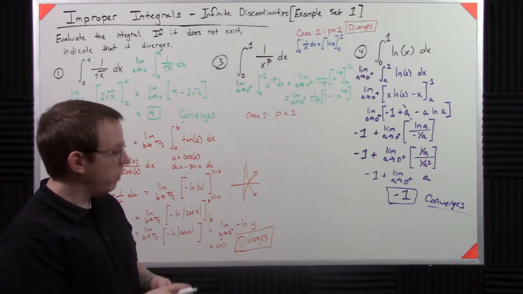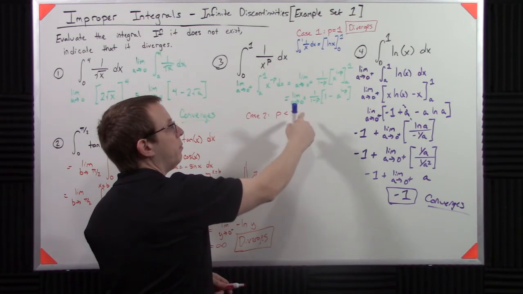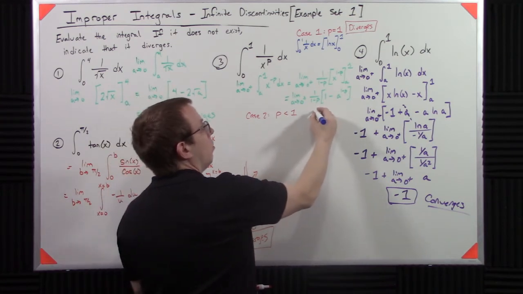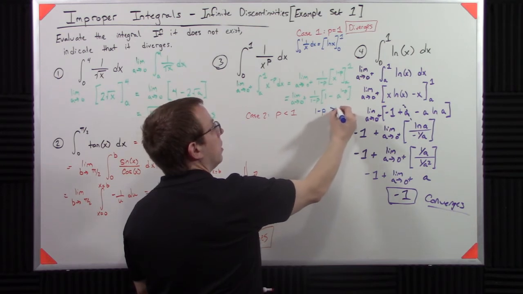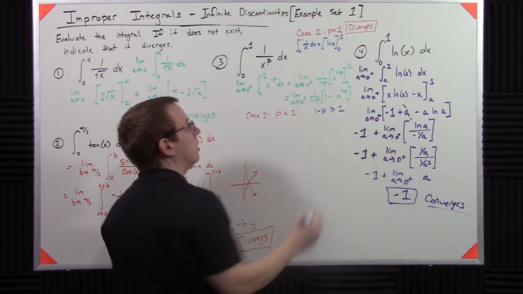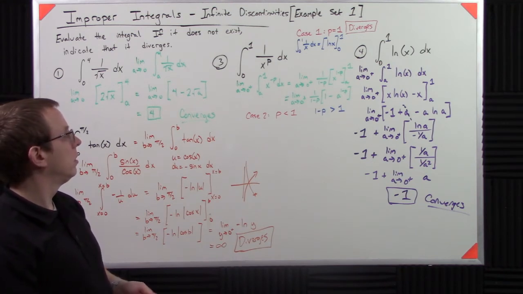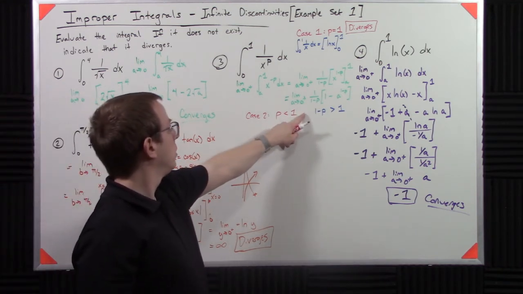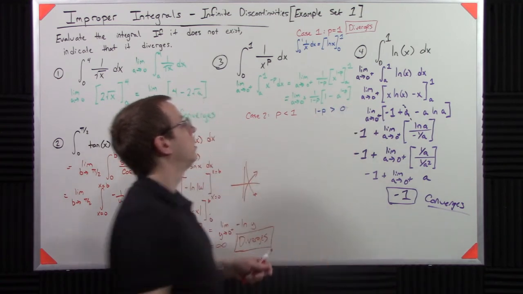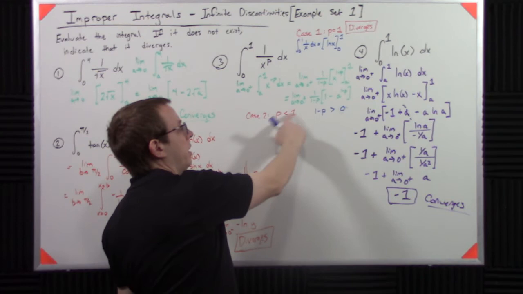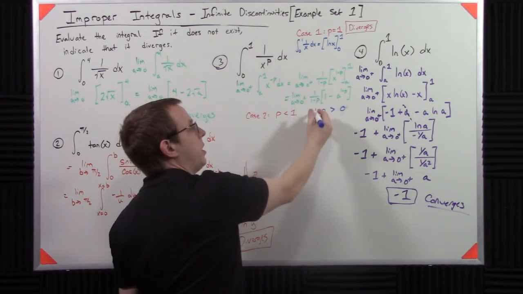If p is less than 1, then 1 minus p is greater than 0, because if I subtract p over, I have 0 is less than 1 minus p.